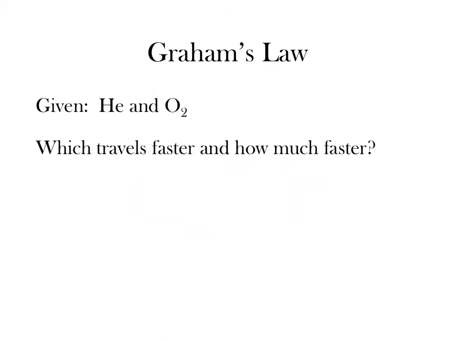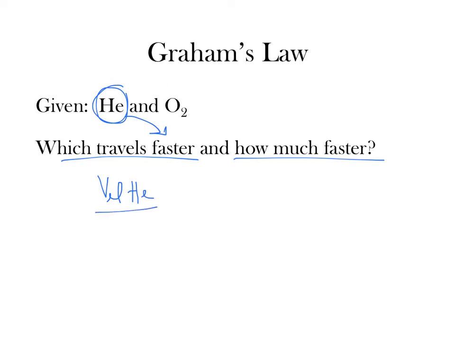Given helium and oxygen, which travels faster and how much faster? So first of all, helium travels faster because helium weighs less than oxygen. The molecules are smaller, the molecules can move faster. Which travels faster? Helium. But how much faster is your math problem? So if we're going to look at the velocity of helium compared to the velocity of oxygen, we want the inverse of the square root of their masses.